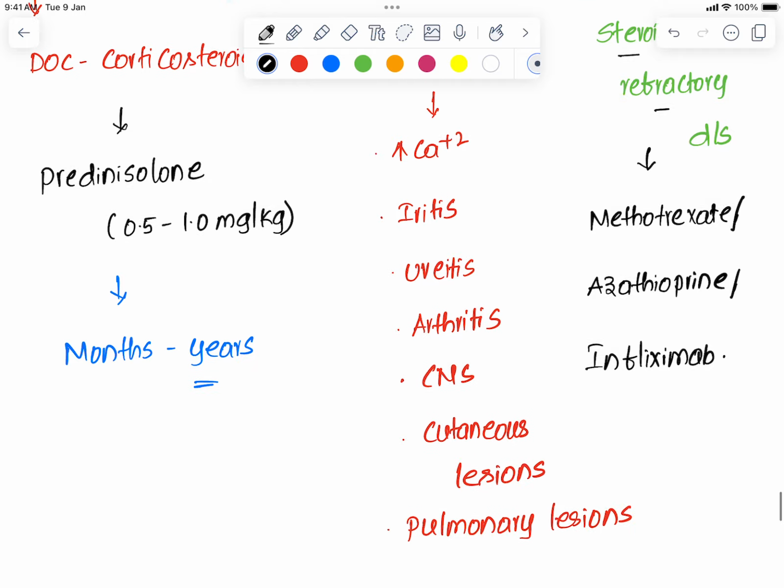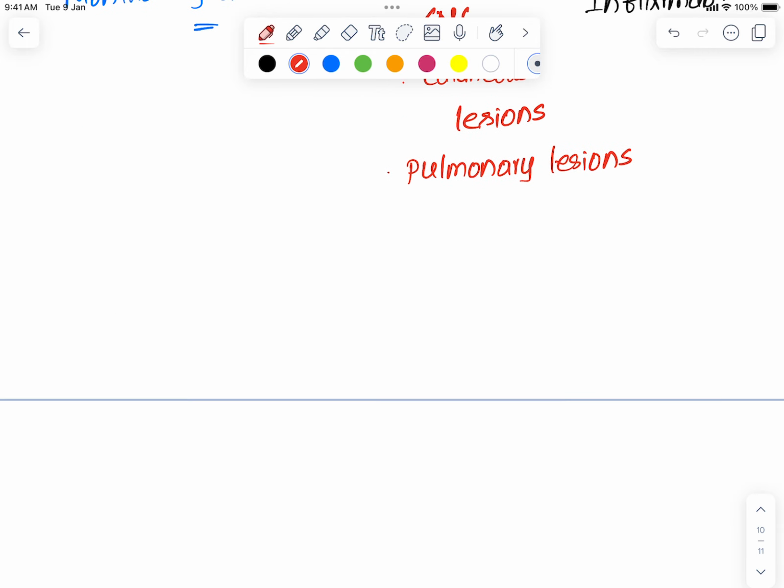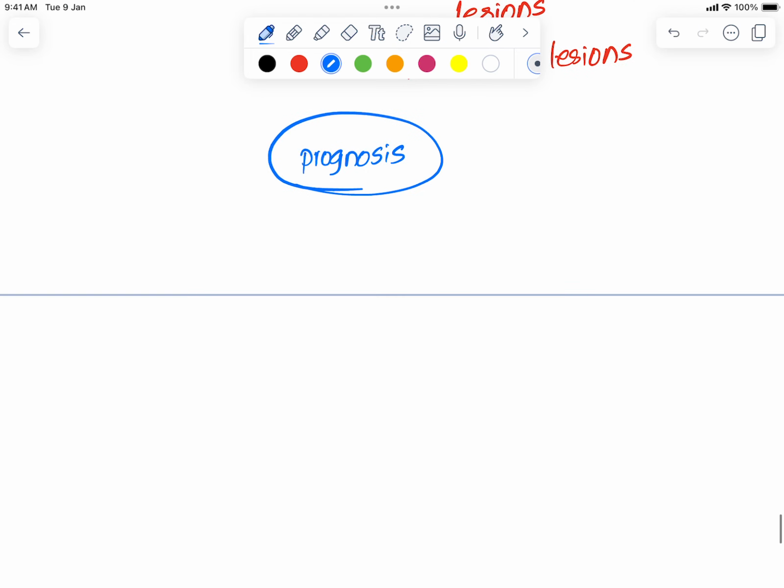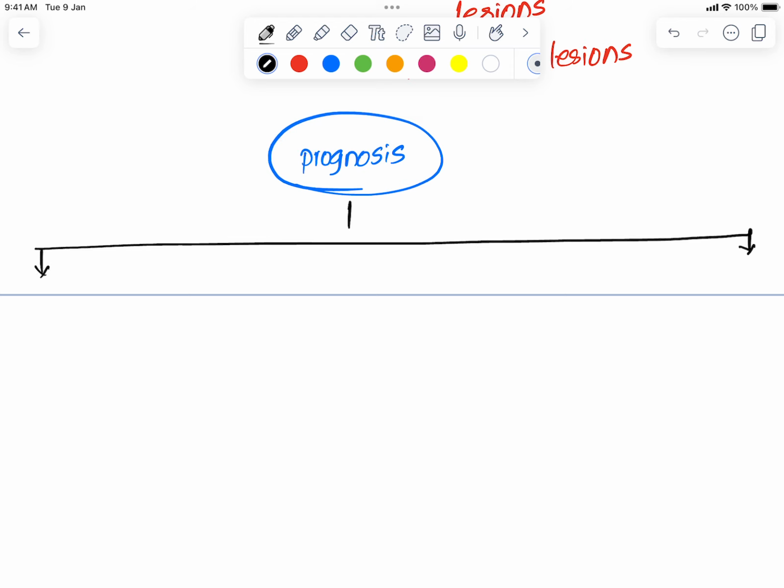Okay. Then how will be the prognosis in these patients? If you observe the prognosis, it all depends upon the severity of the involvement. The outlook is best for patients with hilar lymphadenopathy alone.